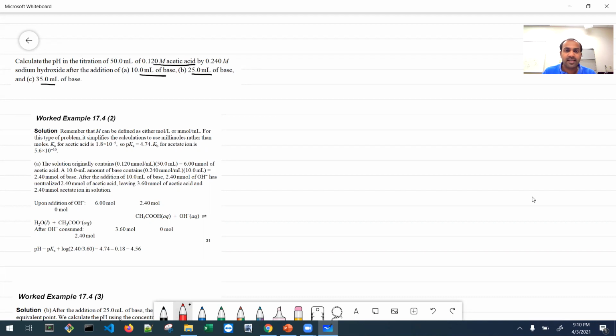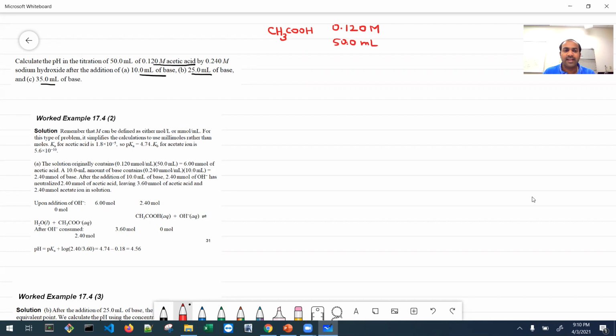So regarding acetic acid, that is CH3COOH. They told us the concentration is 0.10 molar, and we took 50 milliliters of that.